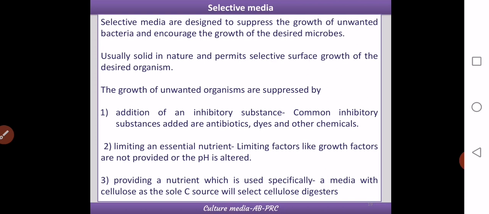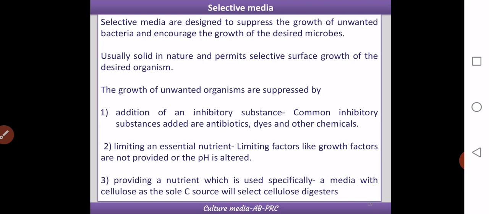Then the second factor by which we maintain selectivity is by limiting an essential nutrient. That means limiting factors like a growth factor, maybe a particular amino acid which is not provided in the media, so that most of the organisms are not able to survive.